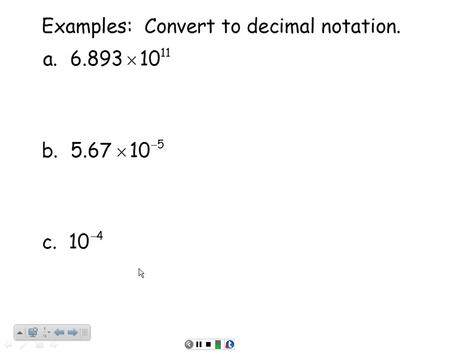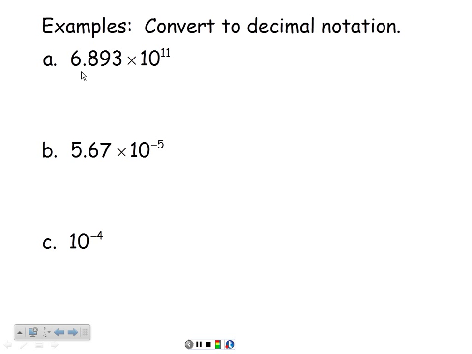So let's go the other way. What if I give you scientific notation and I ask you to convert to decimal notation? Well, again, here's our decimal point, and we see that we have a positive 11, which means my end result should be a really, really, really big whole number. And so think about which way to move the decimal.